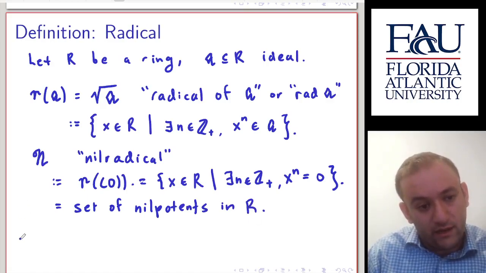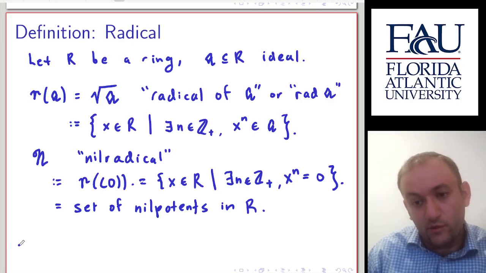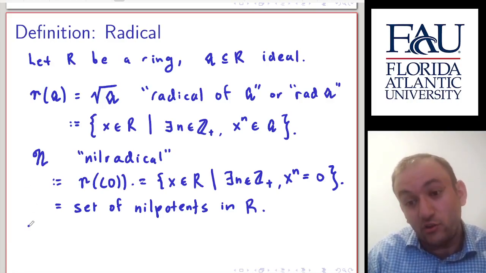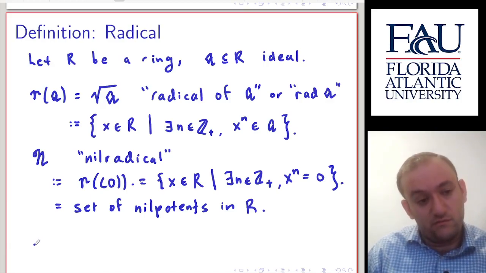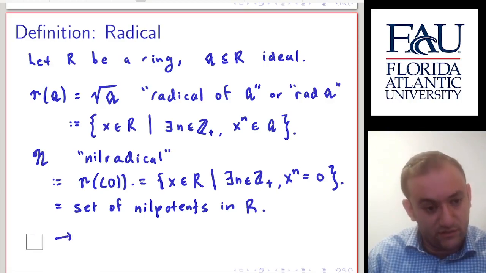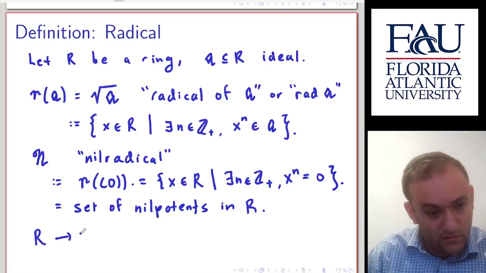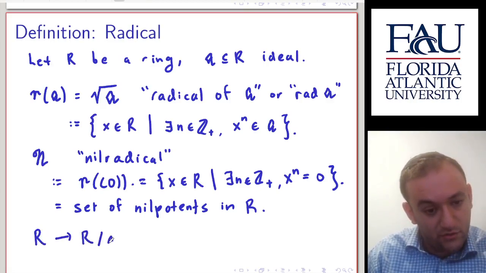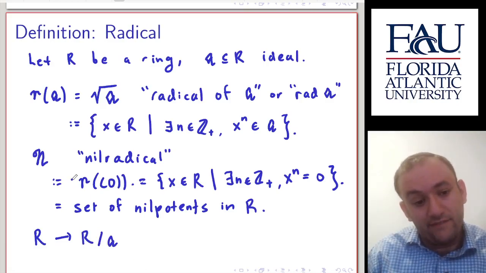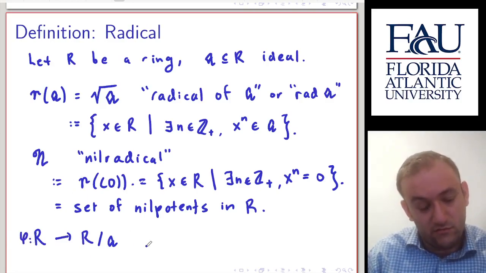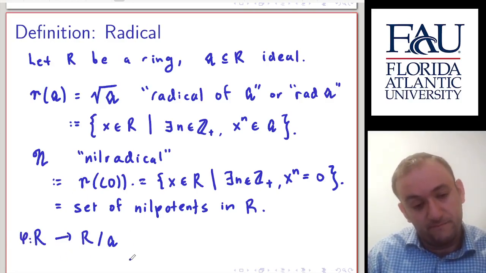Now, one way you can define the radical in terms of the nil radical is you could quotient out by A. So take the canonical quotient. So we're in R. So take the map R to R mod A. Okay. And then let's let this homomorphism be called phi.